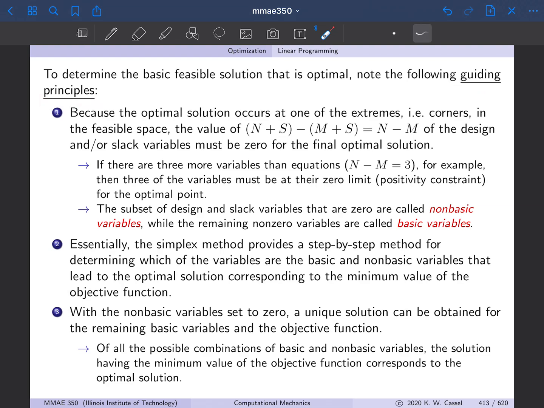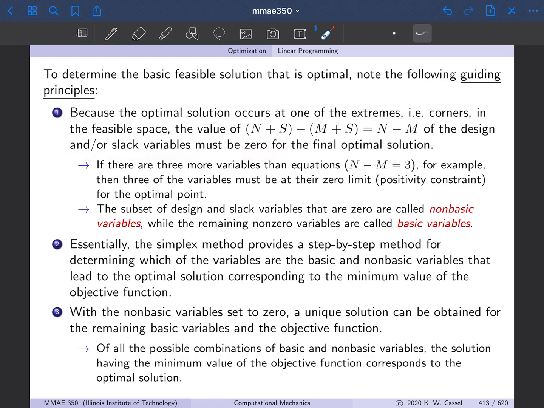All right, so the first guiding principle is that because the optimal solution occurs at one of the corners of the feasible space, the values of n plus s minus m plus s, of course the s is canceled, so that's n minus m, of the design variables and/or the slack variables must be 0 for the final optimal solution.